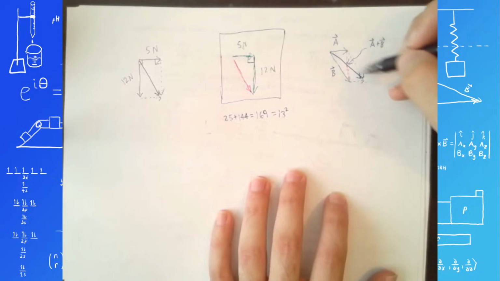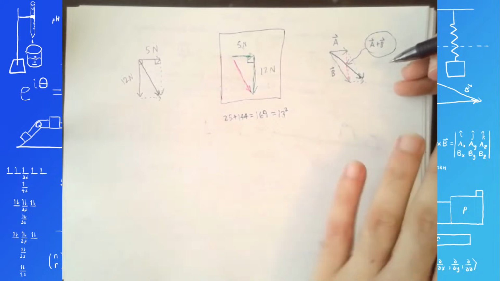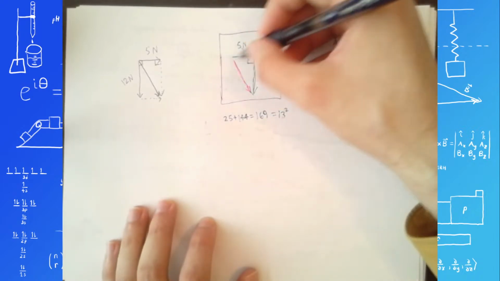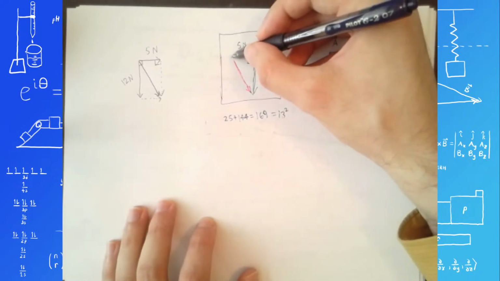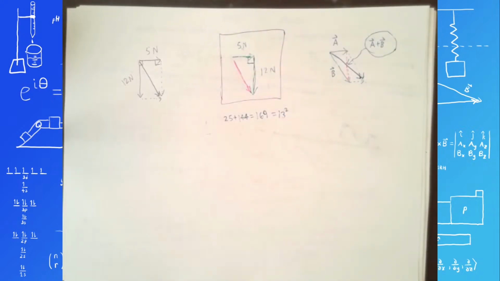In other words, the diagonal of this parallelogram, and that is your vector sum right there. So that's the parallelogram rule. The triangle rule is just what we did last time: connect them tail to tip. They form a triangle, as long as you're just using two vectors being added or subtracted for that matter.